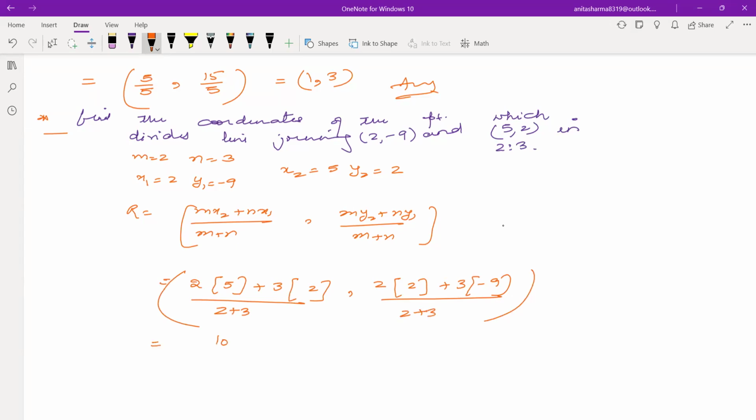So 2 5s are 10, plus 3 2s are 6, divided by 5, comma, 4 minus 9 3s are 18 by 5. So 16 by 5, comma, minus 14 by 5.